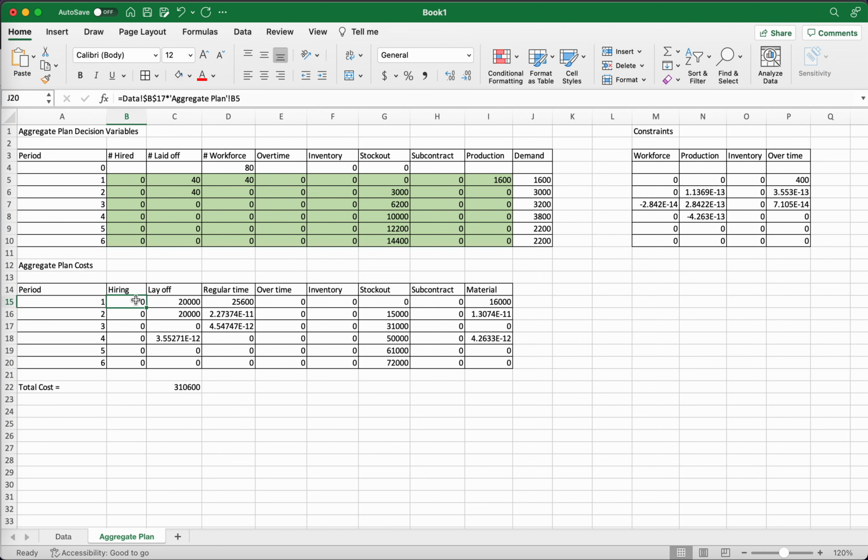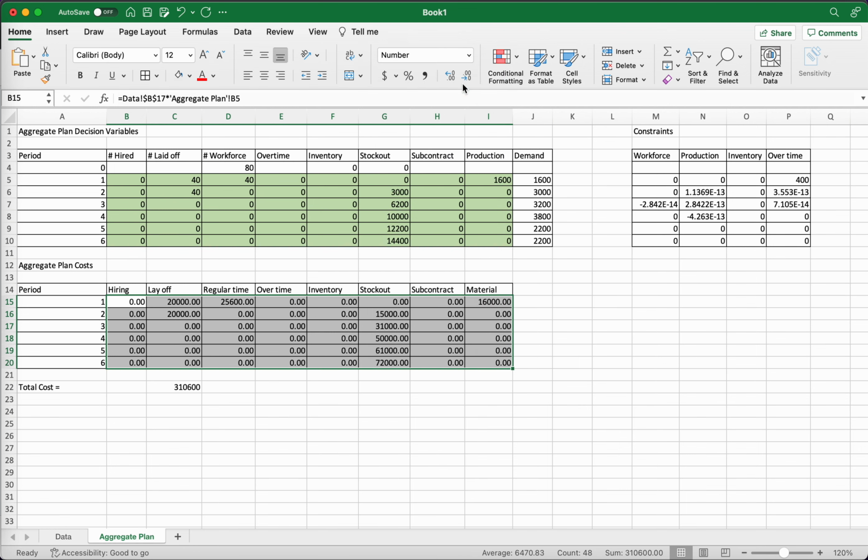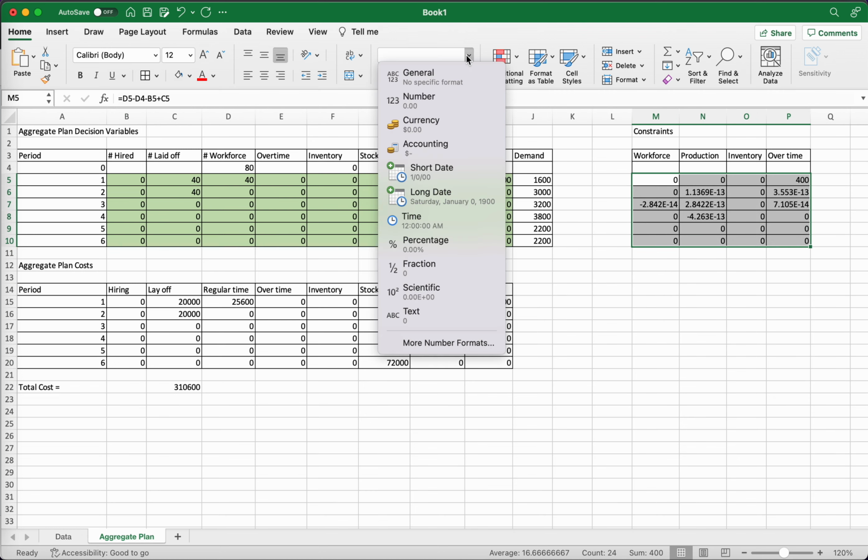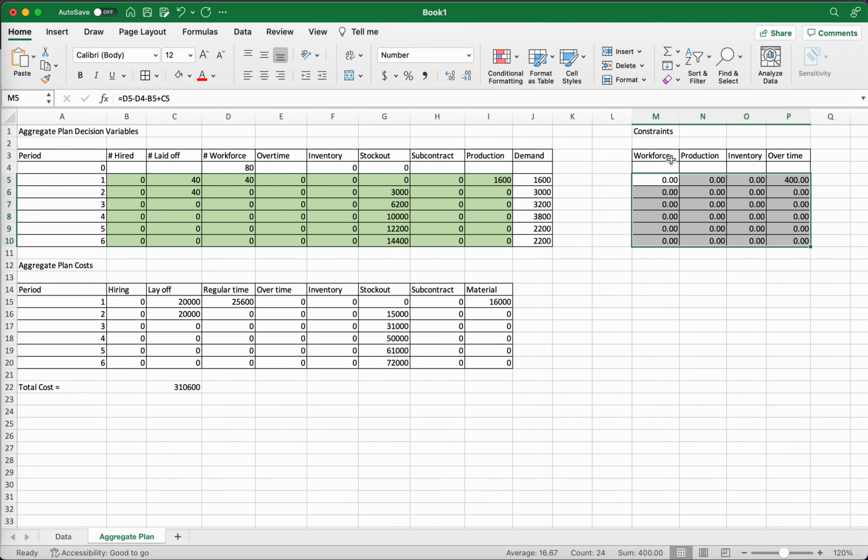This is not right. So this is the constraint that we have.